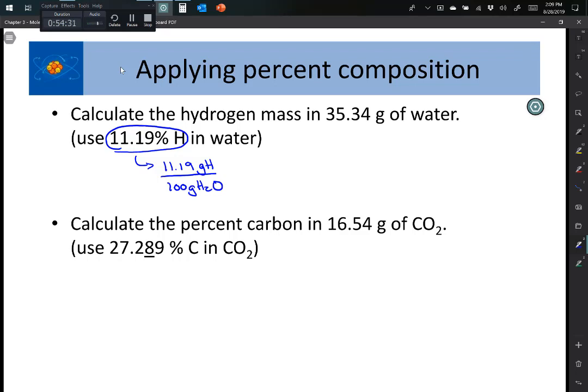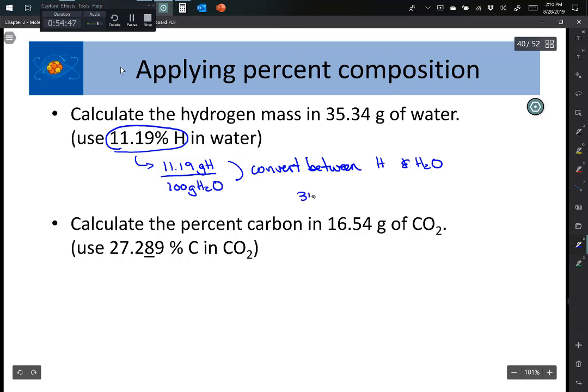So now I can use this as my conversion between hydrogen and water. I could say 35.34 grams of water times 11.19 grams of hydrogen for every 100 grams of H2O.